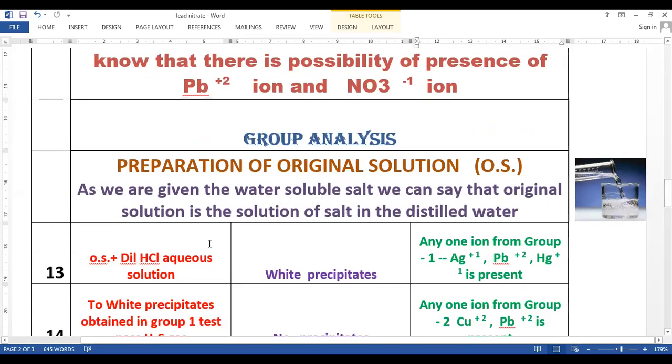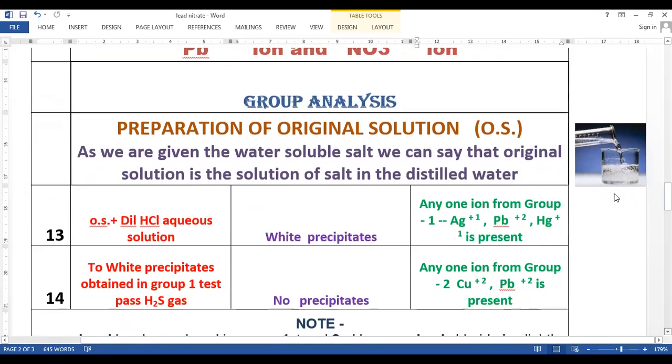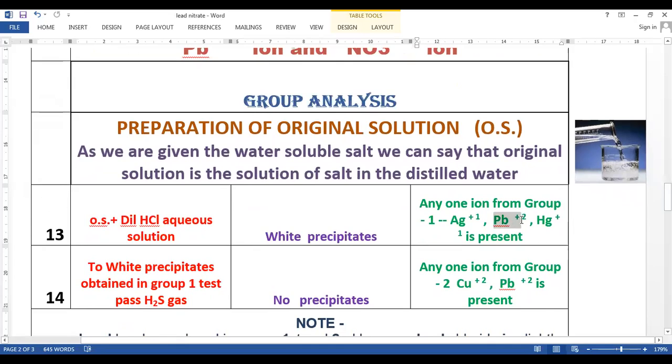So we have performed the group 1 analysis, but still in the solution there are many Pb+2 ions remaining. These Pb+2 ions which remain in the solution are precipitated in group 2. So you can see that both in group 1 and group 2, we have this Pb+2 ion present.